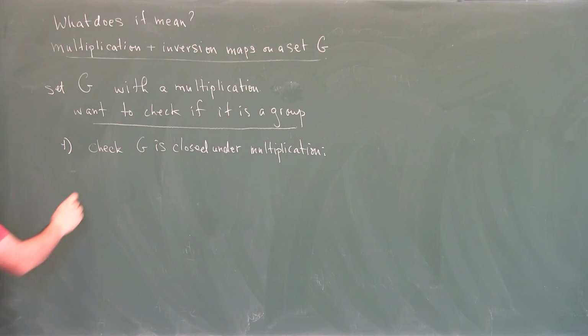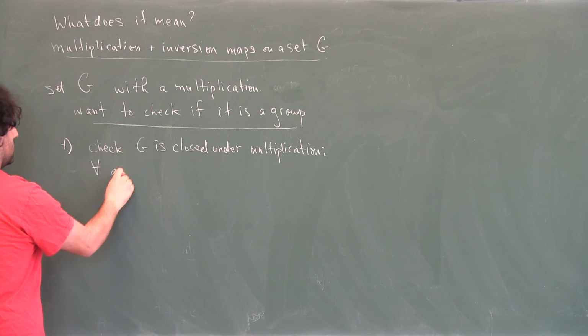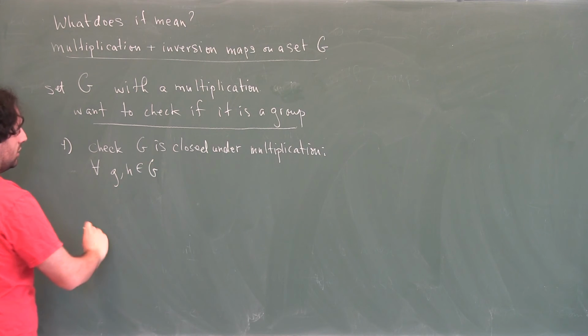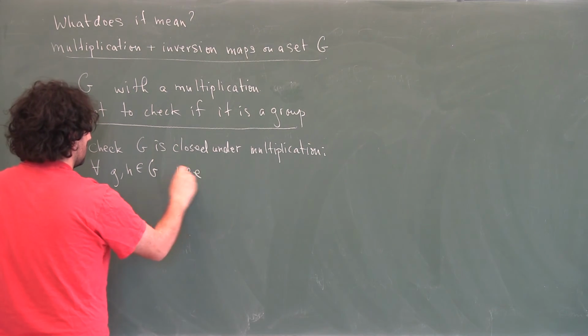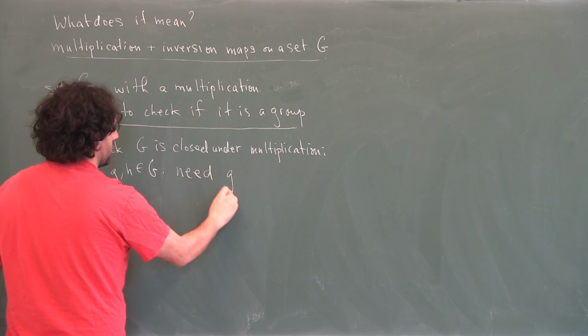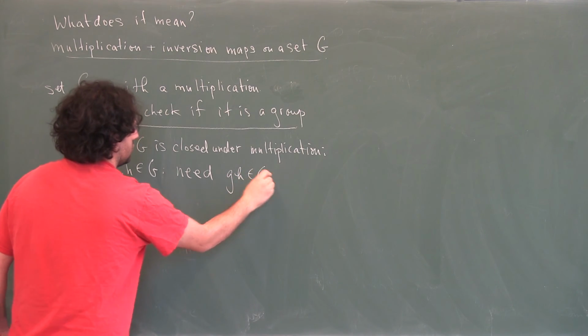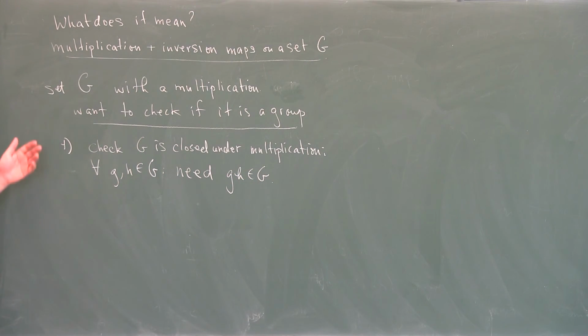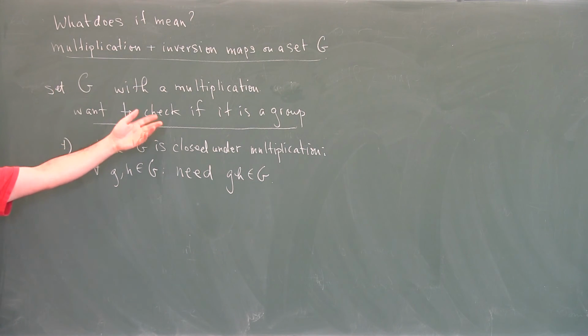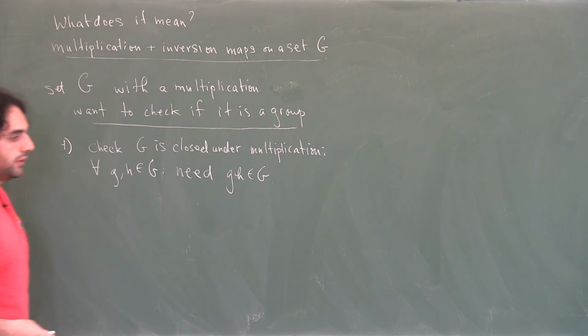This means that if we have two elements G and H in G, we need also their product G times H to be in G. We will see in a second, you might have situations where you can multiply any two elements of G, but you get something that lies in some bigger set.